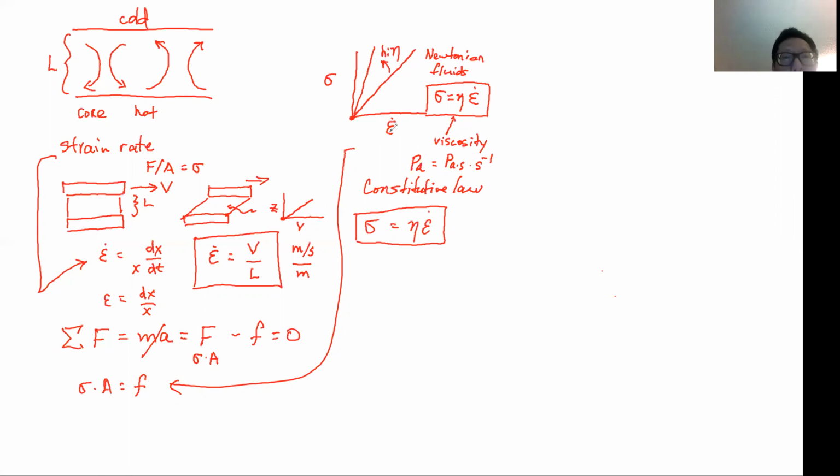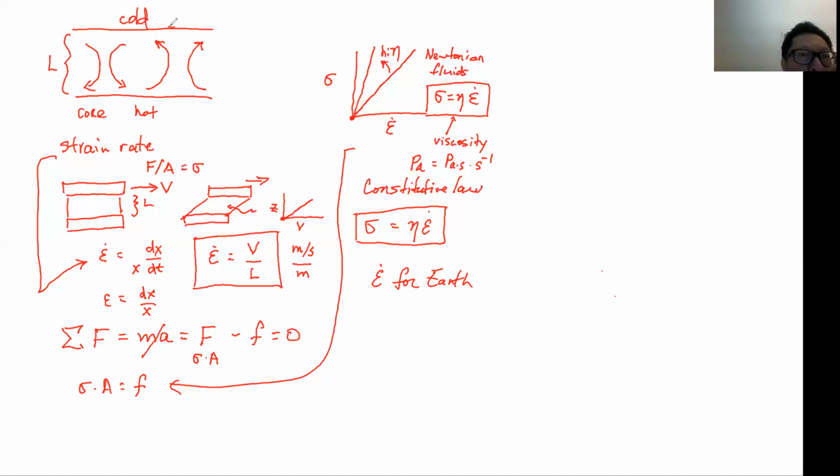Now what I want to do is take these concepts and apply them to the Earth. So let's look at epsilon dot for the mantle. Remember, epsilon dot is V over L, and we can think of plate tectonics.